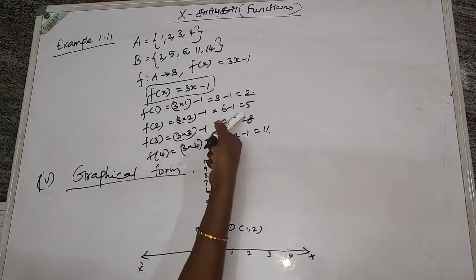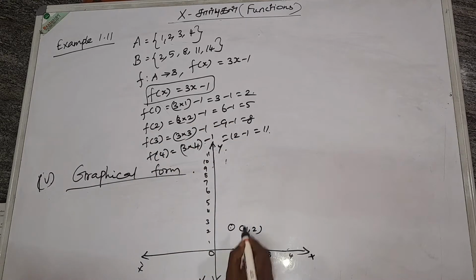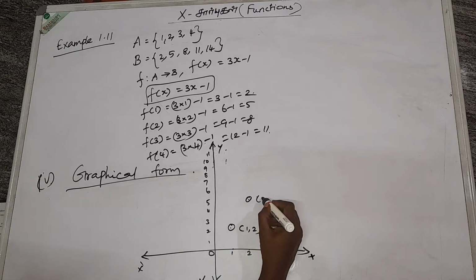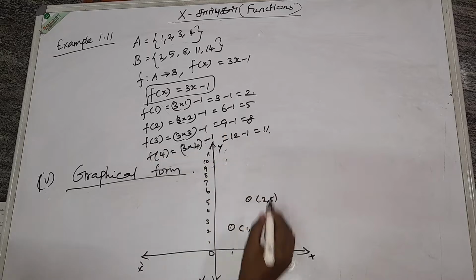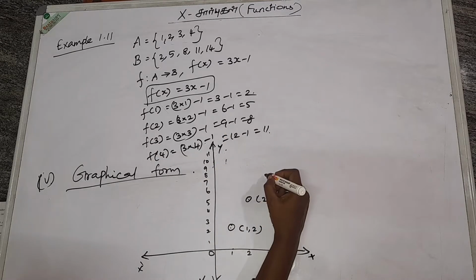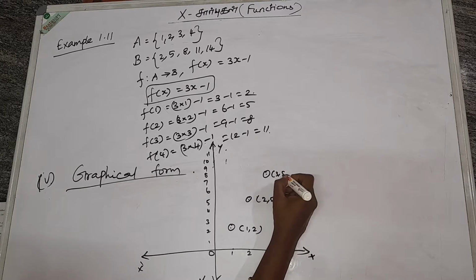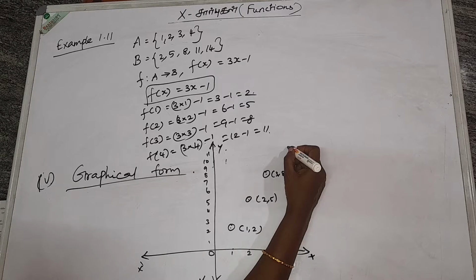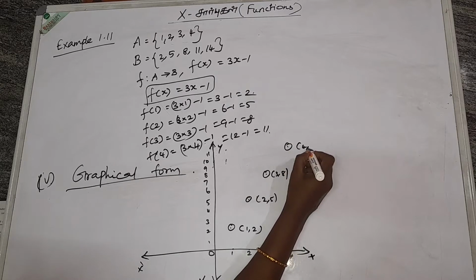And then 2 comma 5, 2 is from x-axis, 5 is here, it will meet in this point. So this is 2 comma 5. And then 3 comma 8, 3 is here, 8 is in this place, it will meet in that point, 3 comma 8. And 4 comma 11, 4 is here, 11 is in this place. Okay, so here it is 4 comma 11.